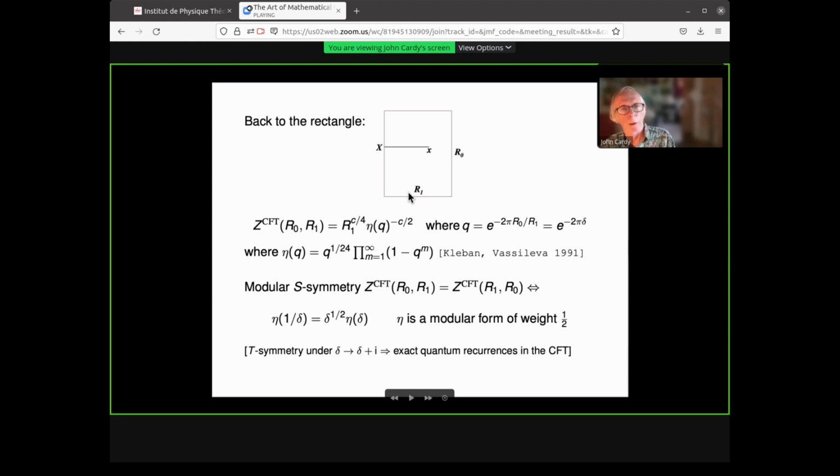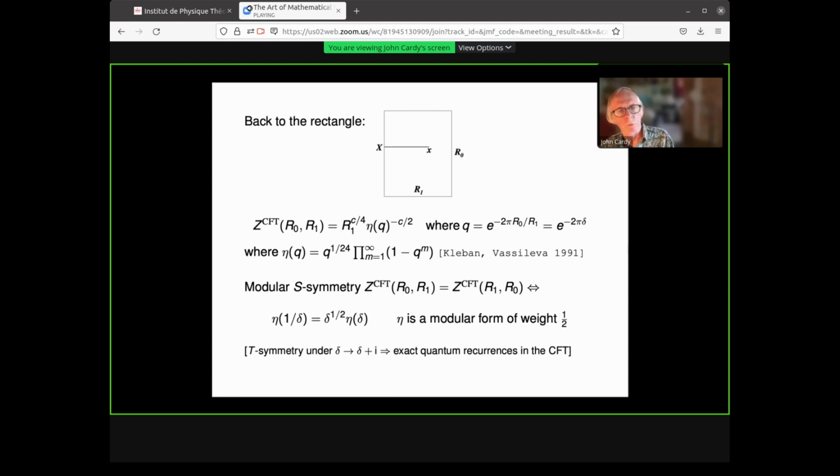Of course, in a rectangle we don't have the full SL(2,Z) symmetry, but we do have the symmetry under S. This modular symmetry under interchanging R1 and R0 is true because eta transforms like a modular form of weight 1/2.